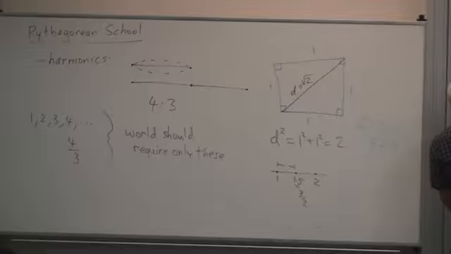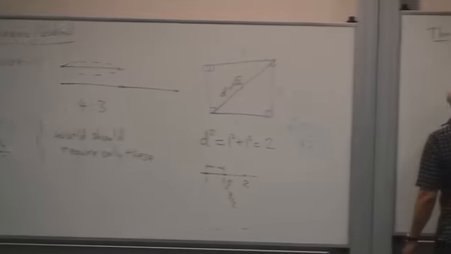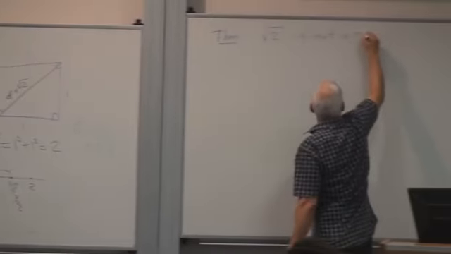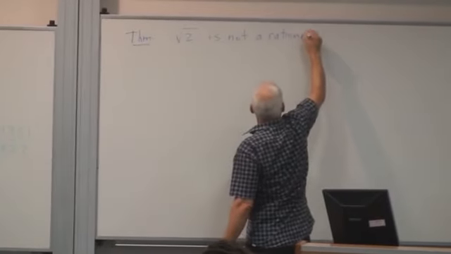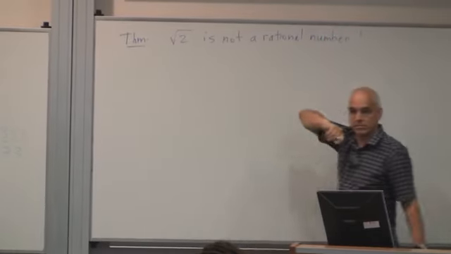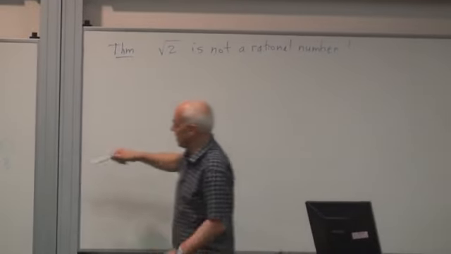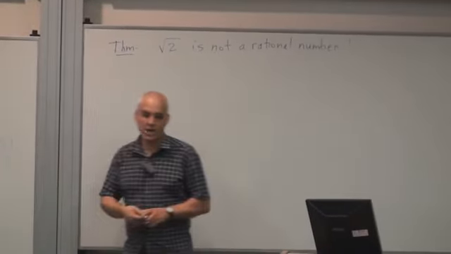So theorem: root 2 is not a rational number. There's no way of writing it as some kind of ratio of natural numbers.